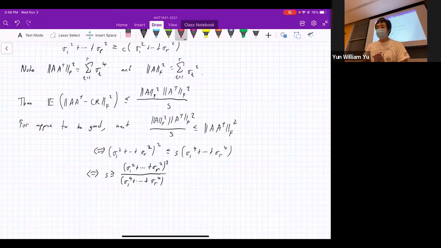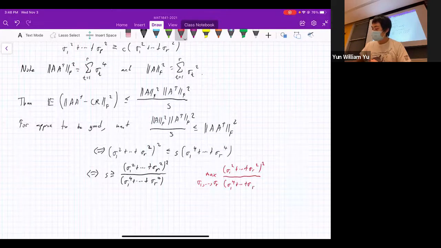But now note that this could be bad in the general case. Note that the max over sigma 1 through sigma r, so for a general matrix with any possible singular values, this thing is equal to r.